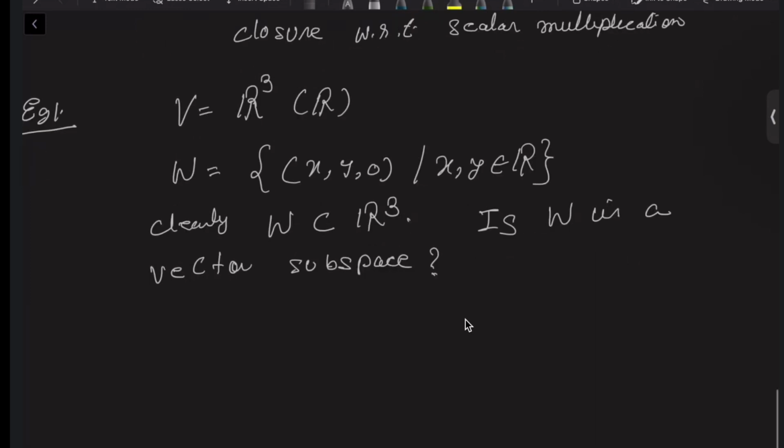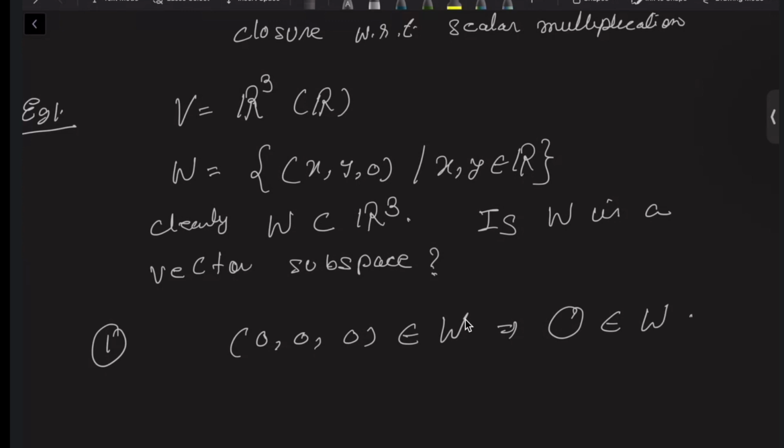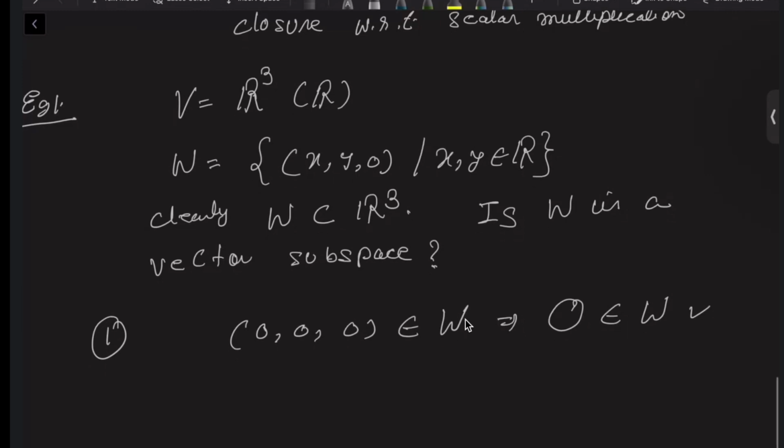So let us check. Clearly 0 0 0 belongs to W, that implies that my 0 vector belongs to W. So the first condition is okay.